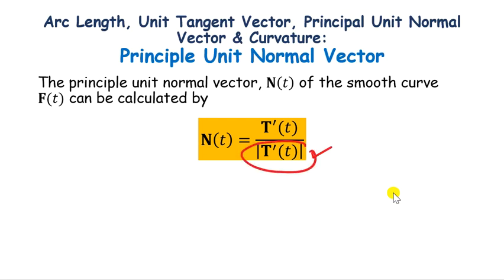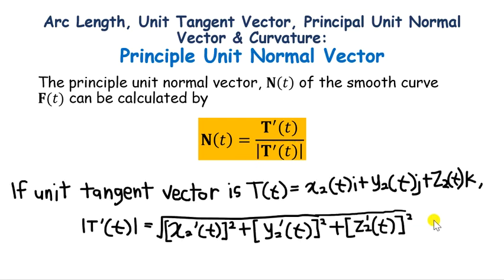So if our unit tangent vector is given as x of t i plus y of t j plus z of t k, then the magnitude of the derivative of the tangent is given as this equation.